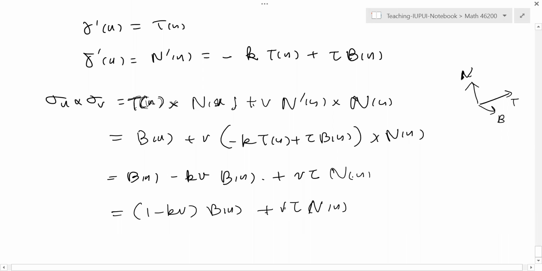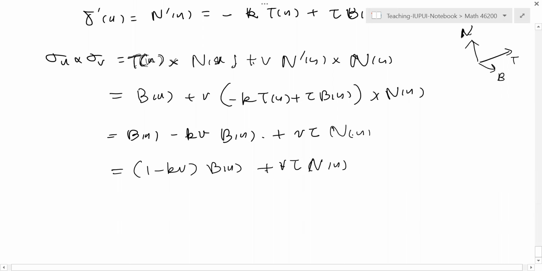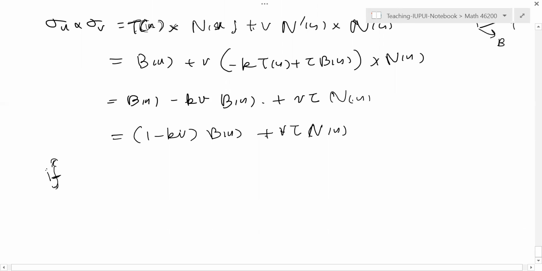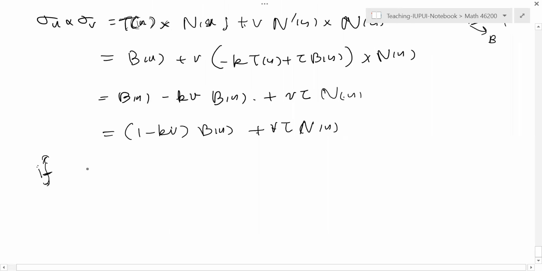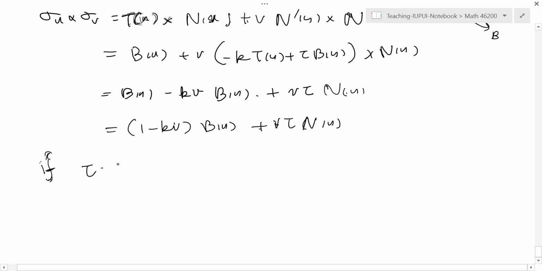So when this is not going to be 0, if the torsion is not 0, if there's always torsion here, then this is never 0.